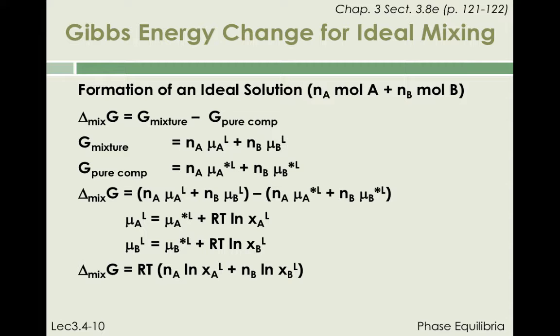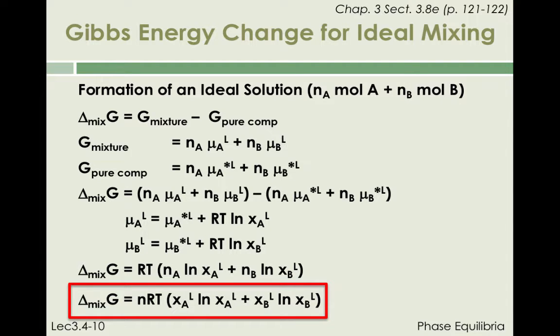We can go one step further and express the number of moles of A and B, Na and Nb, in terms of the mole fractions XA liquid and XB liquid, and in terms of the total number of moles of A and B, which we denote by N. So we get the final equation, delta mixing G equals NRT times XA liquid natural log of XA liquid, plus XB liquid natural log of XB liquid.